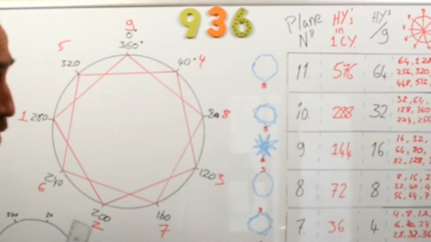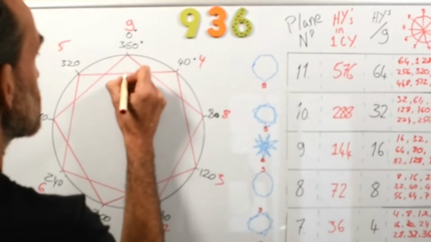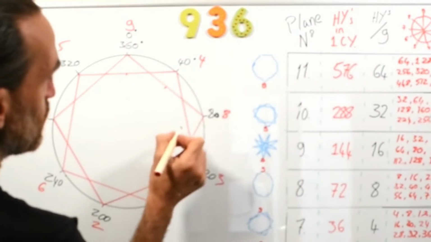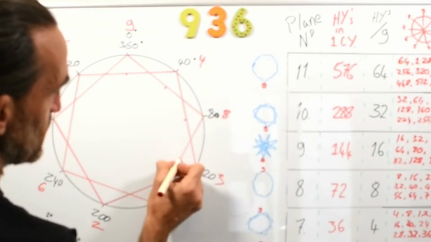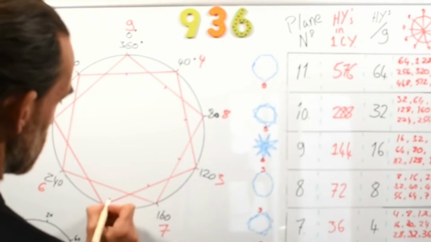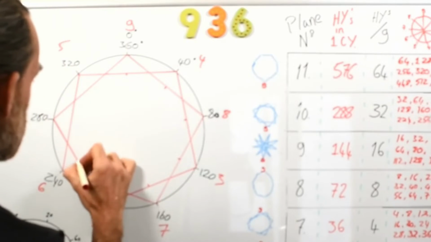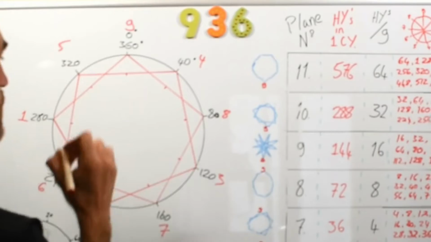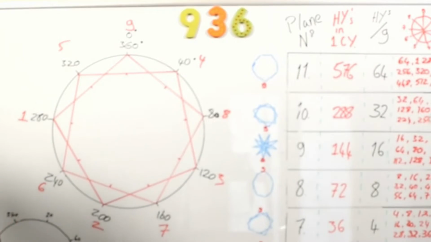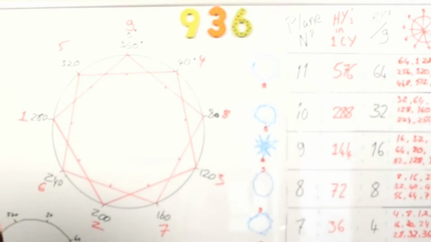So now let's go back to the same principle and look for the midpoints. Except this time we're going to look for the midpoints once again based purely on the number of degrees.